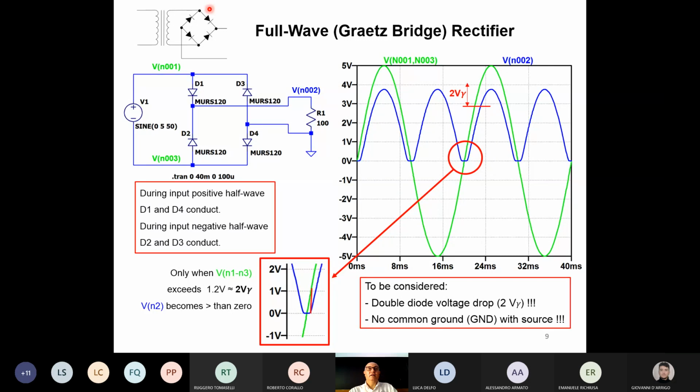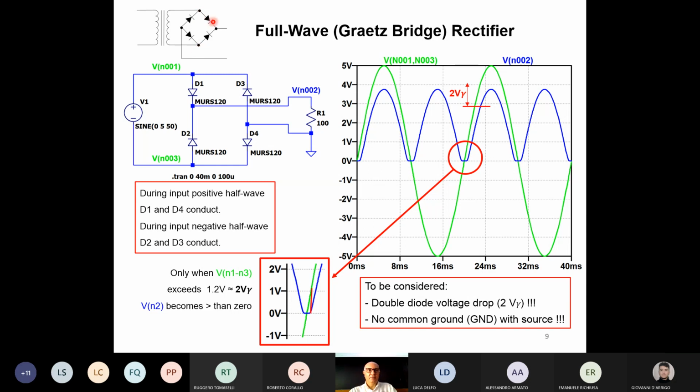If you don't remember how to place the diodes, you can remember that if this wire represents the positive output, it will hold the cathode of both diodes, which are connected to the two ends of the secondary winding. The other wire will give you the negative voltage, and is connected to the two anodes of these two diodes, which are connected to the two terminals of the windings.